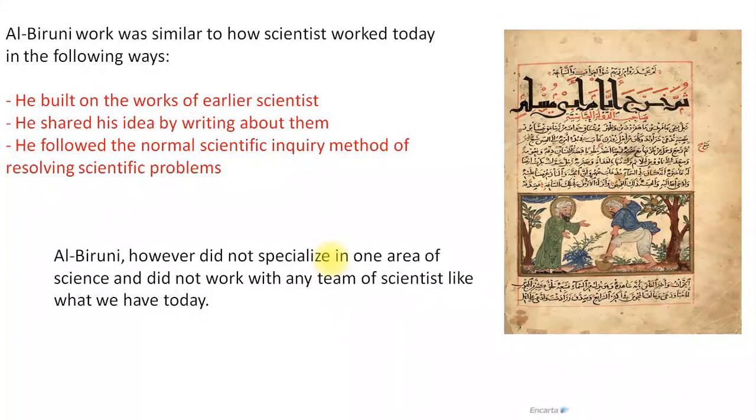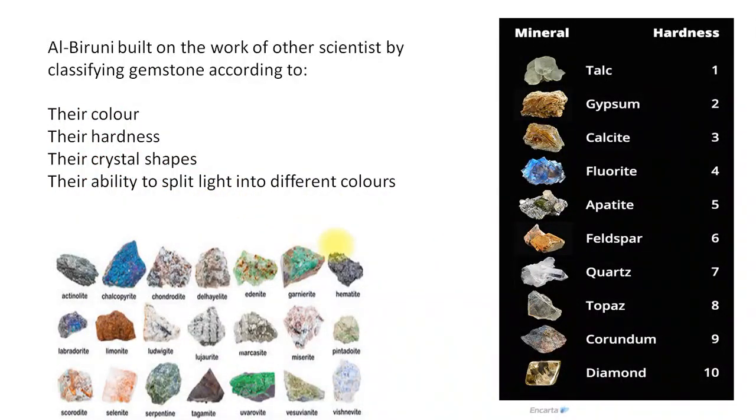Al-Biruni, however, did not specialize in one area of science and did not work with any team of scientists like what we have today. Okay, now these are the classifications of Al-Biruni's gemstones. He classified them based on their color, their hardness, their crystal shape, and the ability to split light in addition to the density.